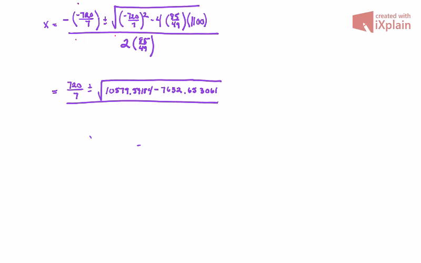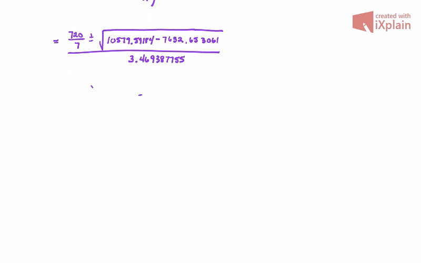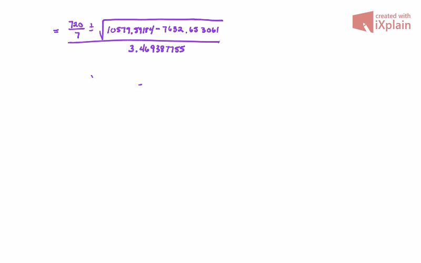And then if I also do 2 times 85 over 49, that's going to give me 3.469387755. Okay, so if I continue to do this, I end up getting 720 over 7 plus or minus the square root.